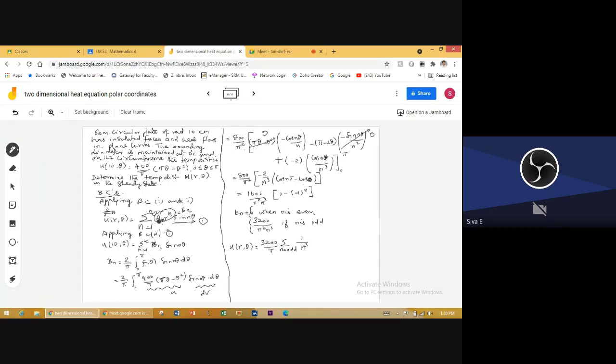But what we recorded is An, so we have to substitute the value here, r by 10. So r by 10 whole power n sin n theta is the final answer.